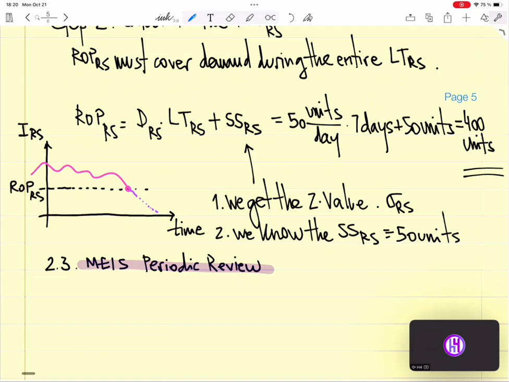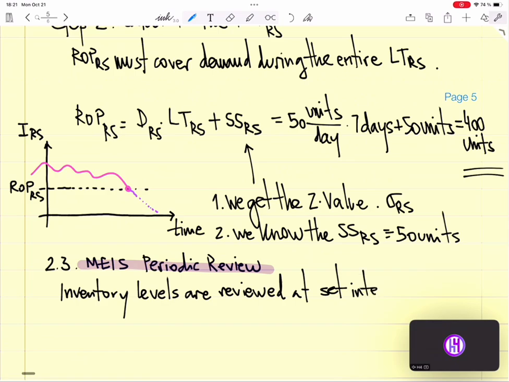In a multi-echelon inventory system with periodic review, inventory levels are reviewed at set intervals, let's say weekly, for instance.